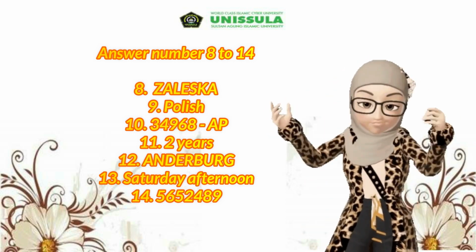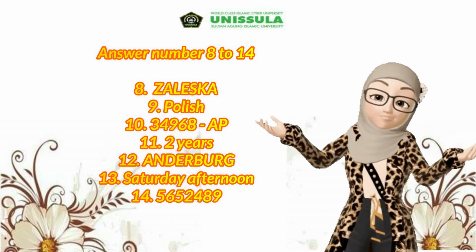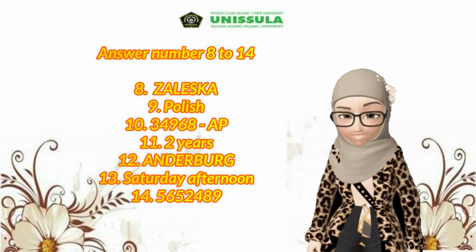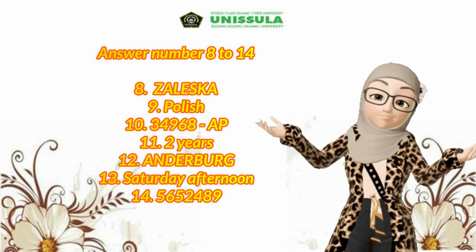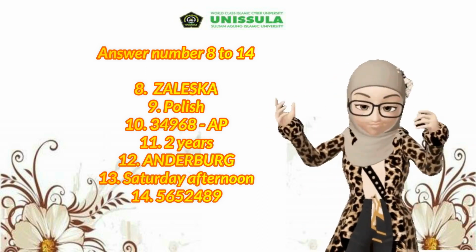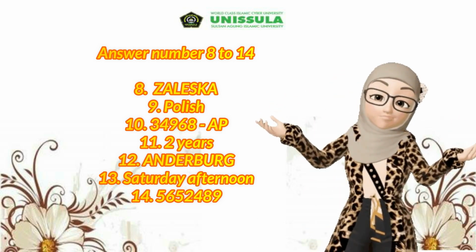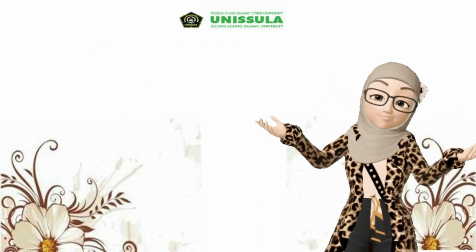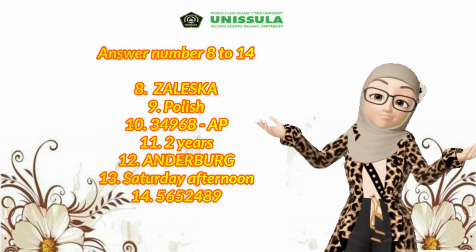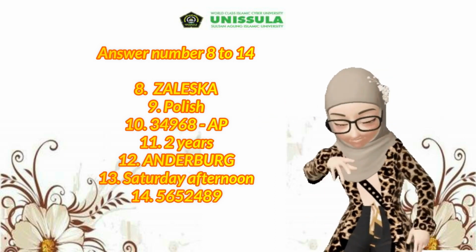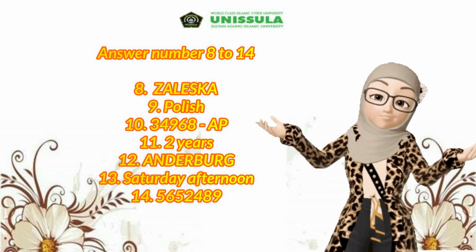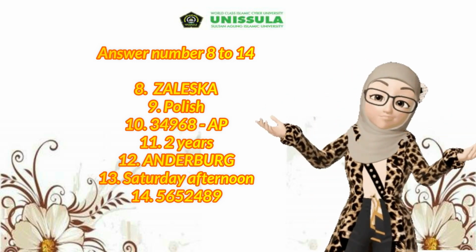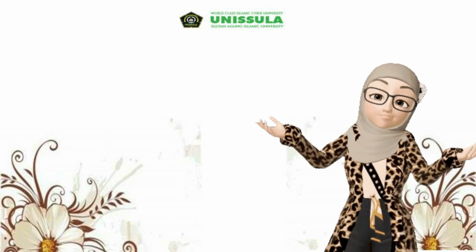Number 11, 2 years. Number 12, Edinburgh. Number 13, Saturday afternoon. Number 14, 565248. Okay, this is the example of the first version of section 1 of the listening IELTS.